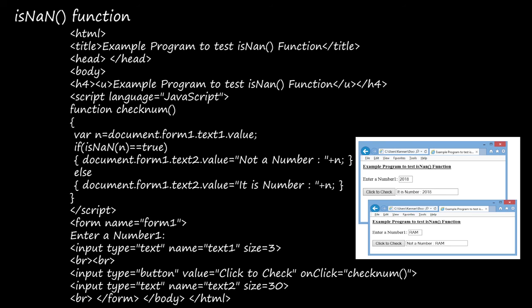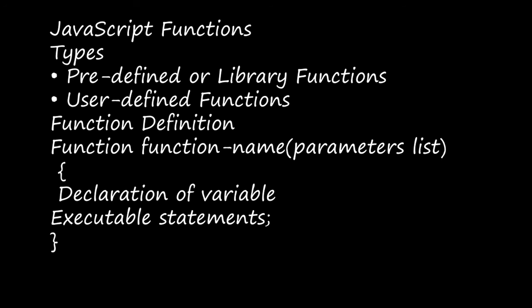Last session we saw a program using function, and this session a program using isNaN function, that is, checking whether the value or variable is a number, right? We checked that in this program today. Be clear with both these programs before moving on to the next program.